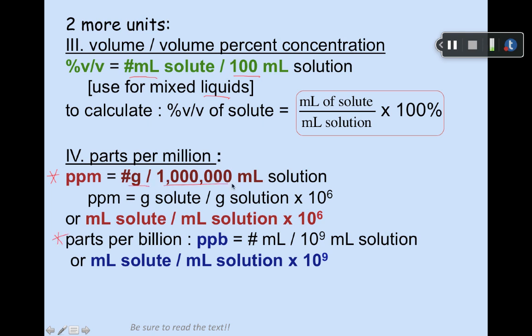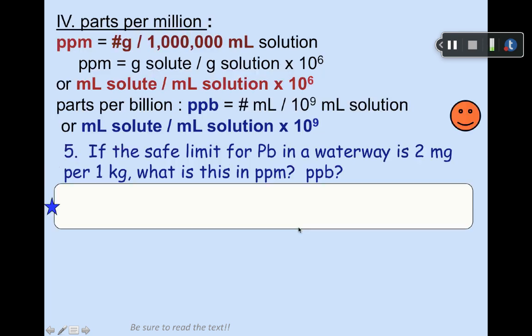It's how many grams per a million when it's parts per million. And we remember that grams and milliliters are essentially the same because of the density of water. So as long as we're talking about water solutions, a million grams is a million milliliters. Or parts per billion is how many milliliters out of 10 to the 9th milliliters, or grams, either one. Depends on how these things are stated.